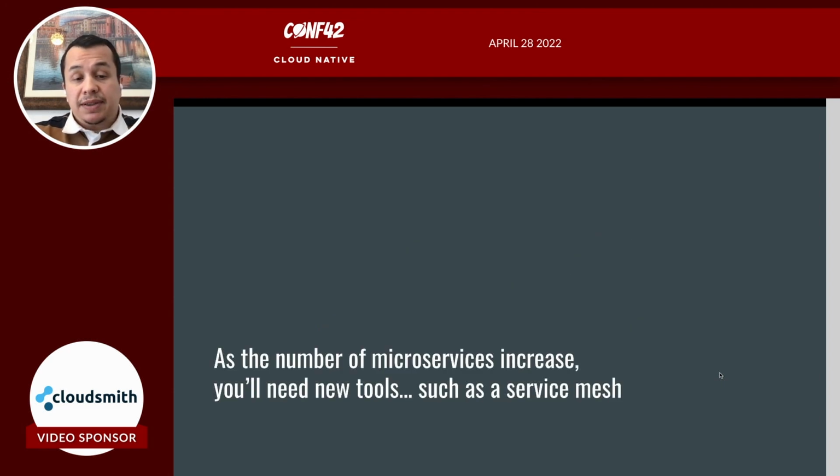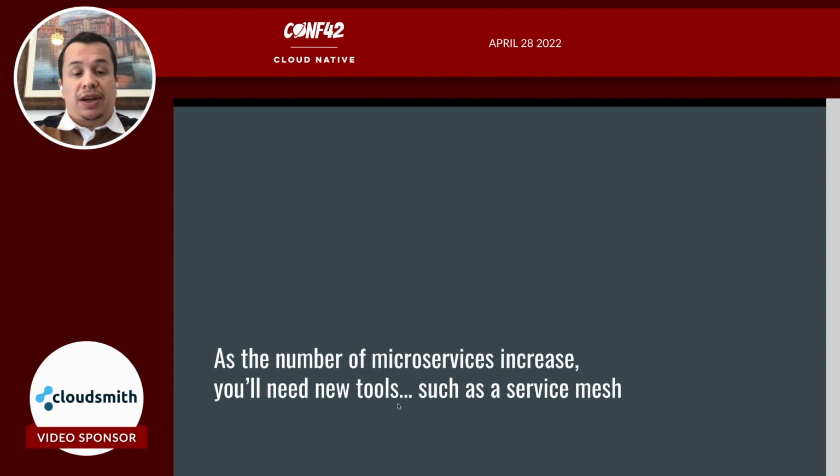And as the number of microservices increases, you will need new tools. The number of microservices will keep increasing over time, because you will need new features and also scalability, so the number will grow.